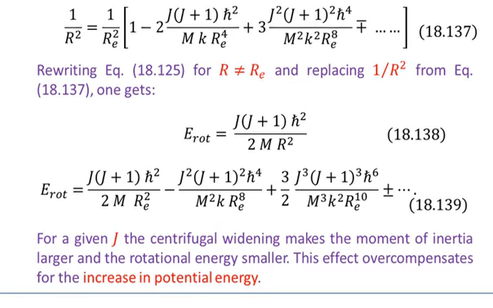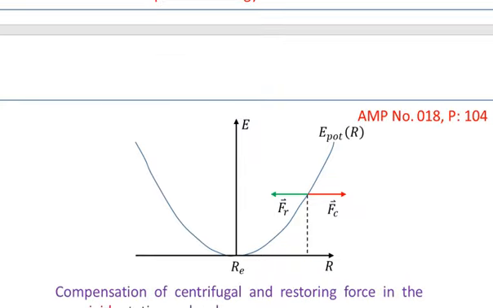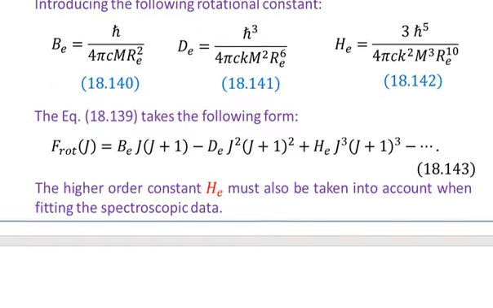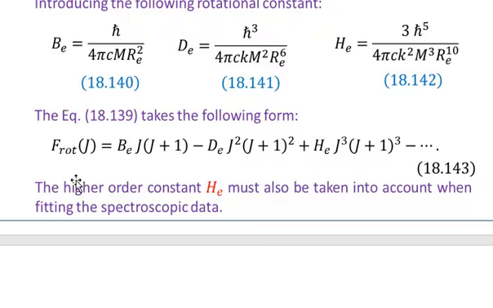And now at the same time, I am also introducing a quantity F rotational as a function of J. You know that I have already discussed an expression for F rotational of J, and you can find it in the previous lecture, along with the expansion that I have given and defined in the previous one or two pages.